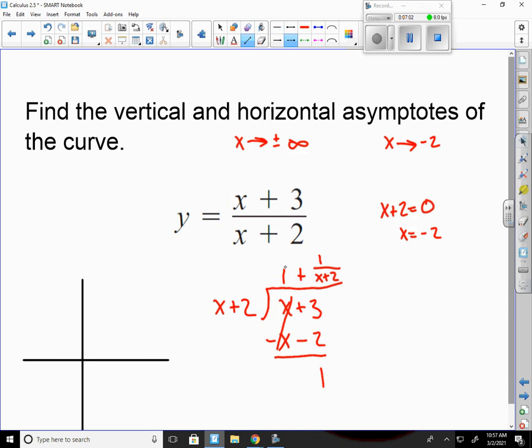I have a graph of 1 over x here, the 1 over x plus 2 anyways. The 1 that's out in front gives me my horizontal asymptote. Then this one here gives me my vertical asymptote, whatever my remainder is.